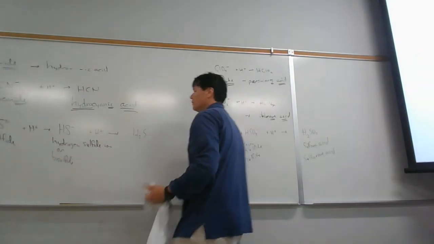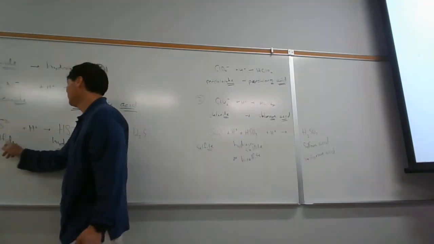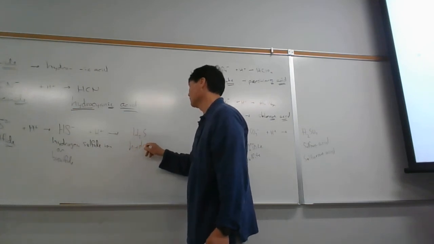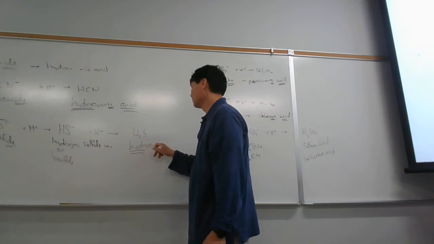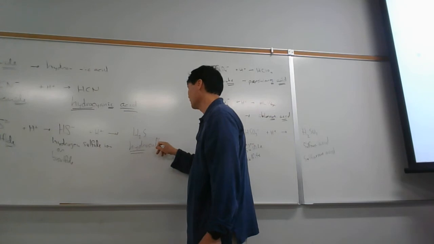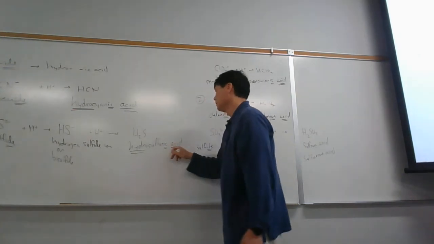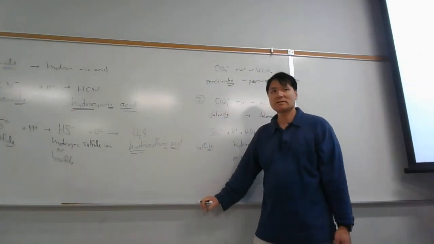H2S, well, we have an ide. If we have an ide, then that means we need the hydro prefix. It would be hydro, and then sulfur would be sulfic, but it sounds funny, so we'll go with sulfuric. Hydrosulfuric acid. That would be the name of this as an acid.